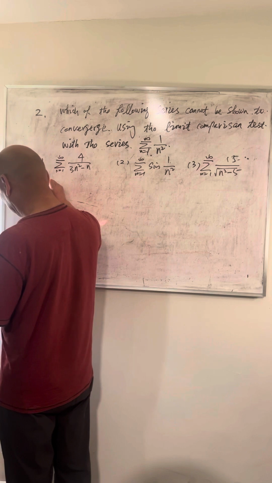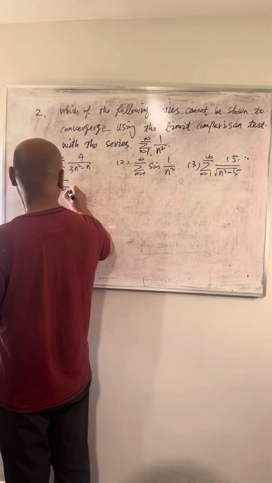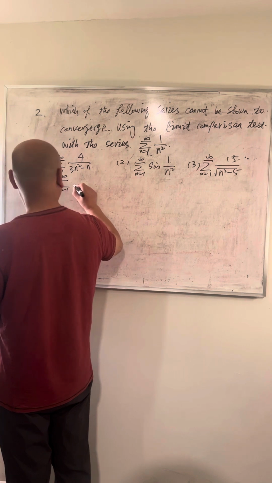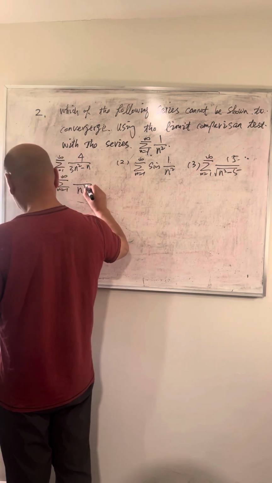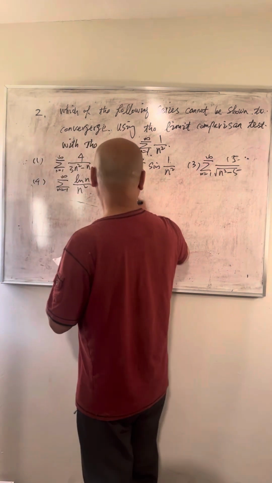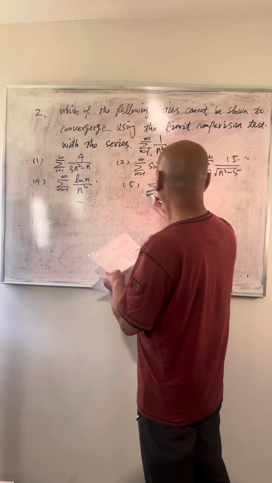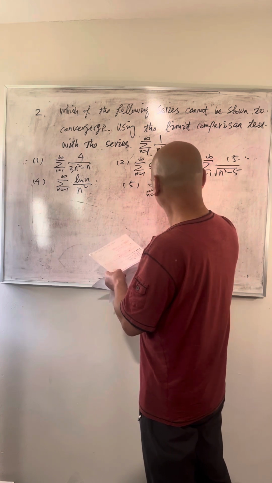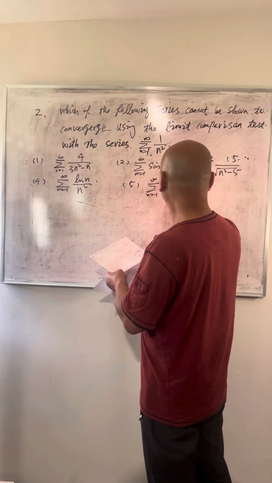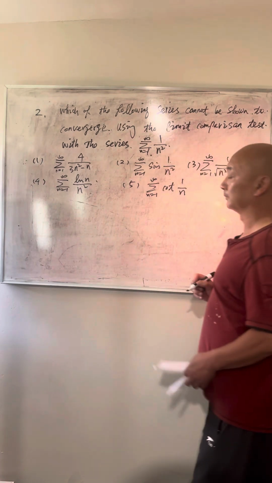Fourth, n squared log n over 5. Then the summation of cotangent of 1 over n.